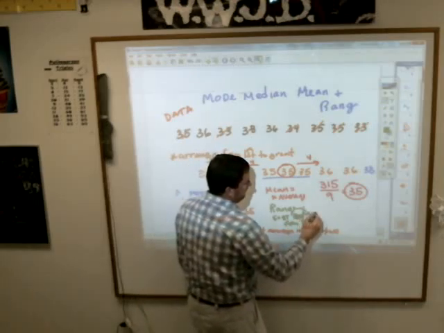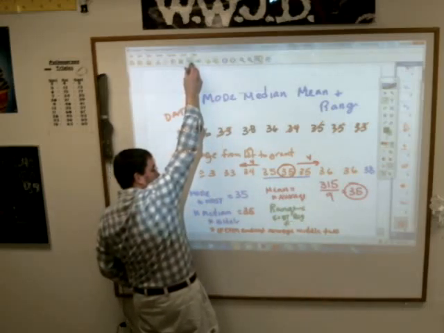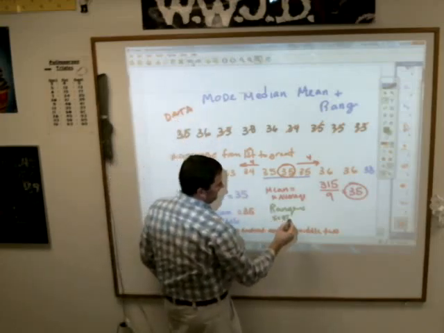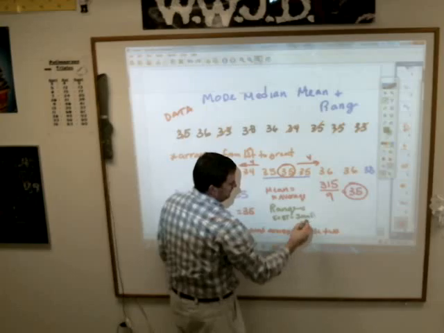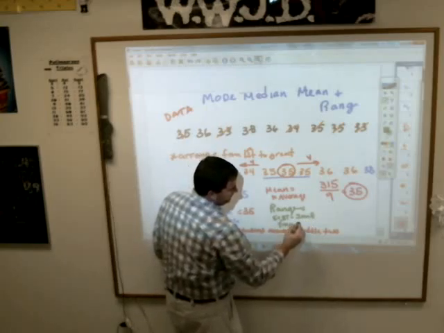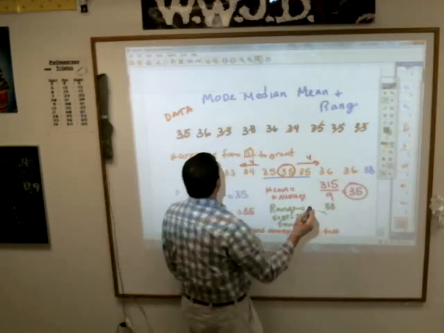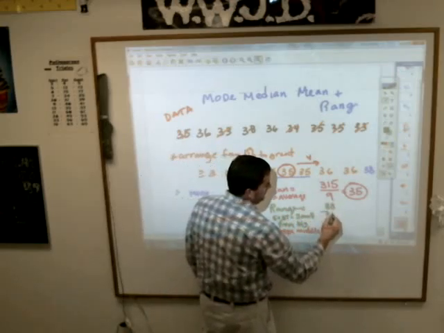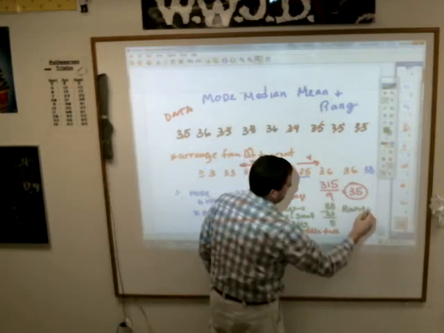I wanted to say find the difference, but I thought that would confuse you. So the biggest number is 38. You subtract the smallest one, which is 33, and you end up with a range of 5.